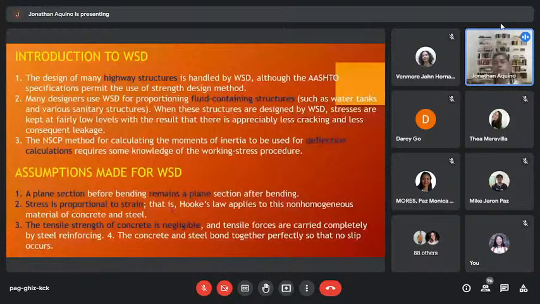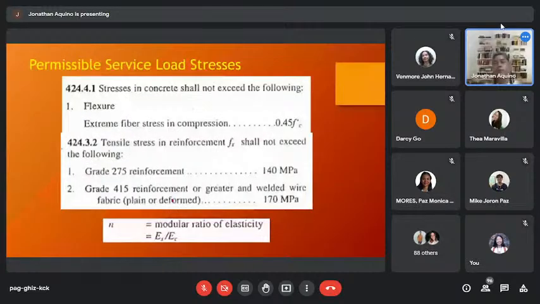So in working stress design, the allowable concrete stress fc is assumed to be 0.45 of f'c. For the tensile portions, we have two common grades of reinforcing steel: grade 40 and grade 60.